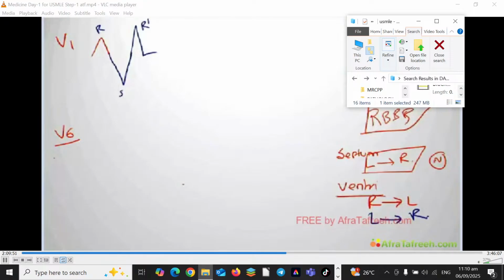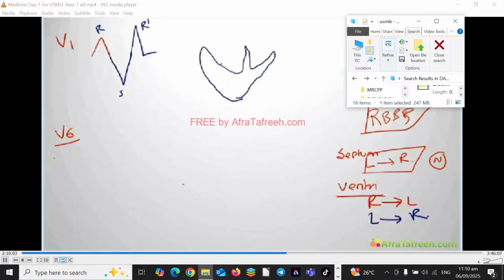So the first basic concept I want you to have very clear is the LV activation. The LV muscle and the RV muscle are this way. This is your right ventricle and this is your left ventricle. Whatever happens, LV will have an impact on the EKG.